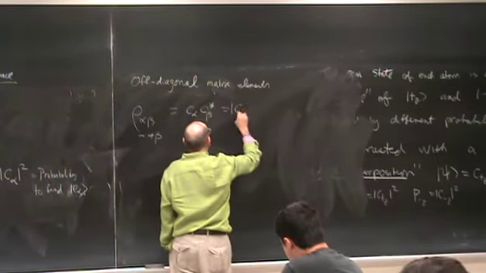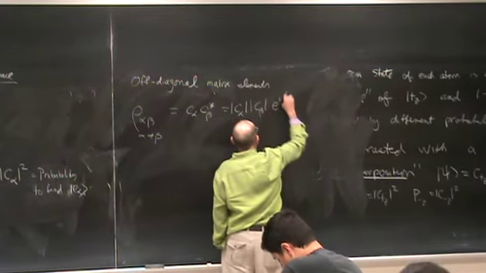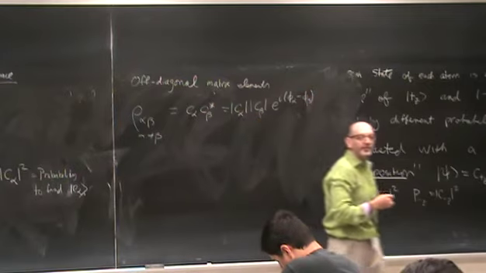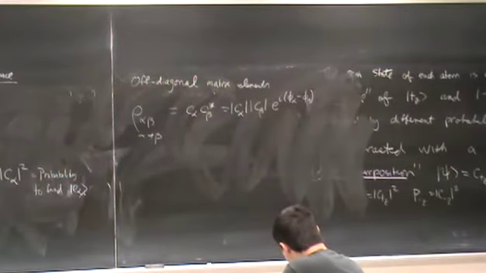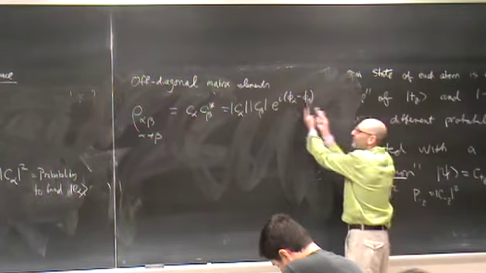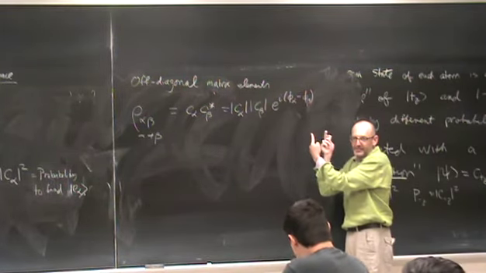which, let me write this in terms of a magnitude of each complex number and a phase. Okay, so I bring each complex number C in polar form. It has a magnitude and a phase. Is that clear? So notice that these off-diagonal matrix elements have something to do with the phase relationship between the amplitudes.